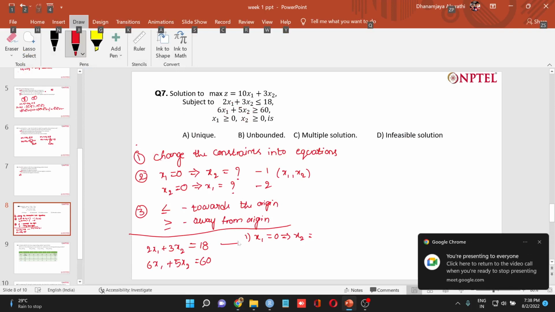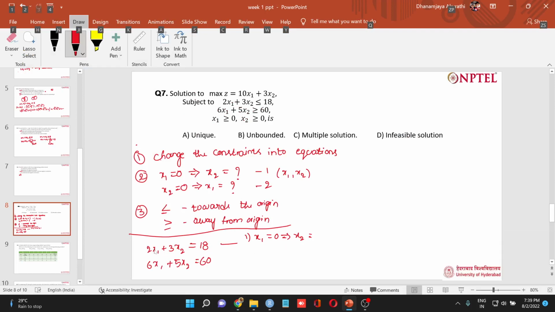Okay, some of you have done it. If we substitute x1 equal to 0, then x2 is equal to 6. Next x2 equal to 0, then x1 equal to 9 in the first equation. So we obtain the points (0, 6) and (9, 0) in x1, x2.